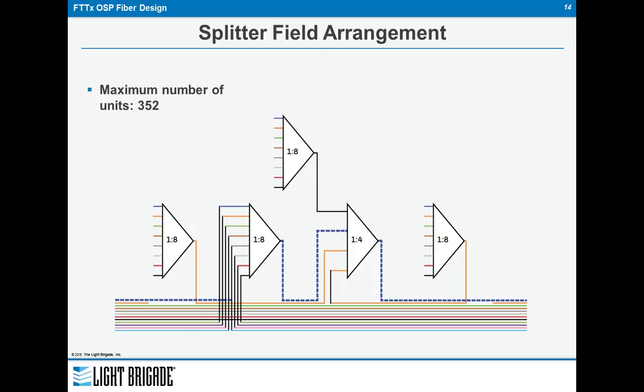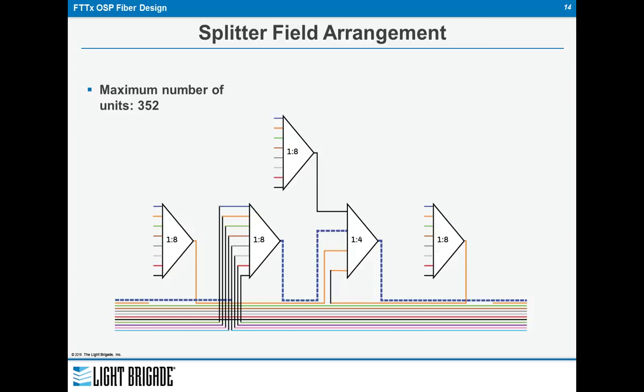So the attenuation value is close to the 32 count, but each individual component adds a little bit more. The theoretical loss for a 1x32 is 15 dBs, but when you start considering manufacturing tolerances and that type of thing, you're typically looking more like 16 dBs. And so these individual components add a little bit more, but it provides some flexibility.